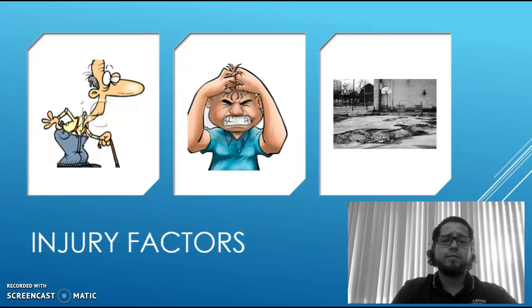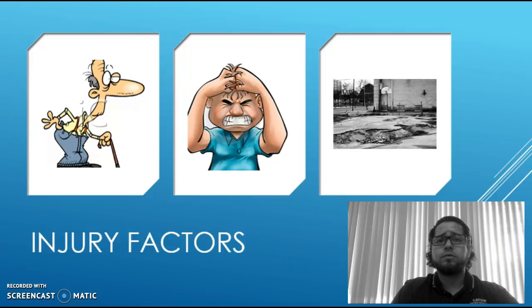And another factor that can play a part in basketball injuries is something biological, such as your physical growth. In young athletes, their bodies are still developing quickly, so we want to make sure not to overstress their bodies to where it's going to affect their joints and their growth and cause injury.